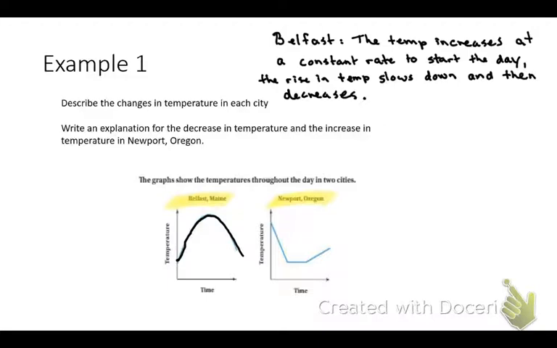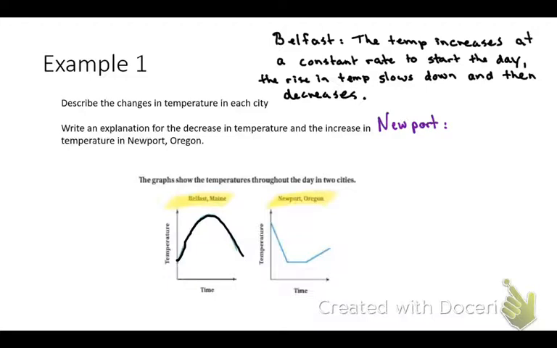So look at Newport, Oregon. I want you to try to write what's happening to the temperatures in Newport, Oregon. Okay? So obviously we have a different trend in the data here for Newport. What's happening to the temperature? Okay? So I want you to do Newport now. Can anyone give me their explanation of what is happening to the temperatures in Newport, Oregon?